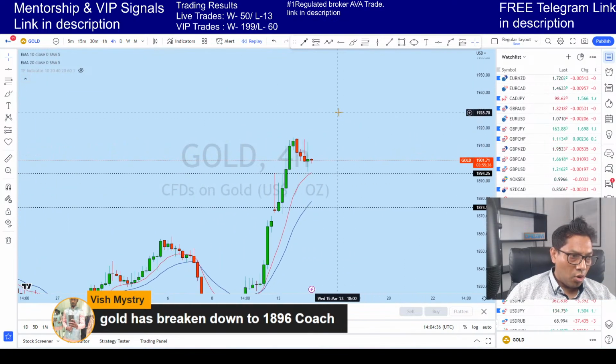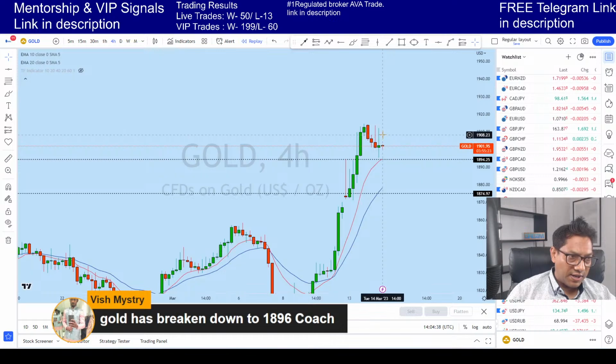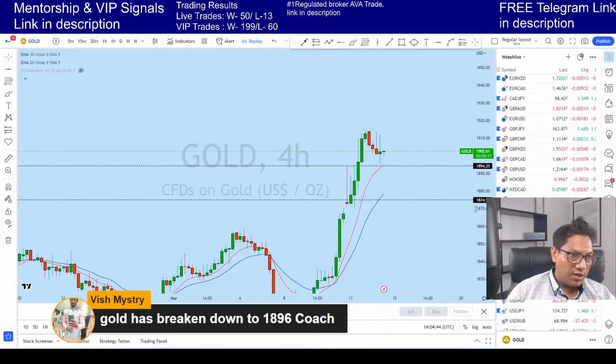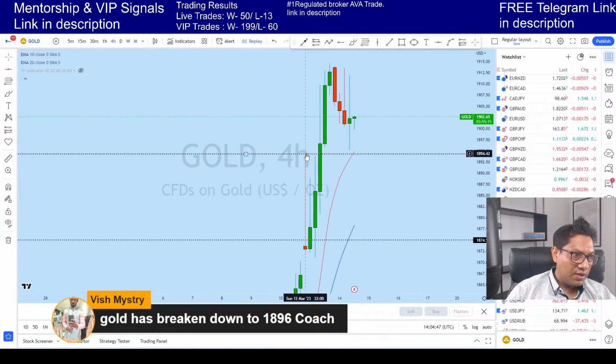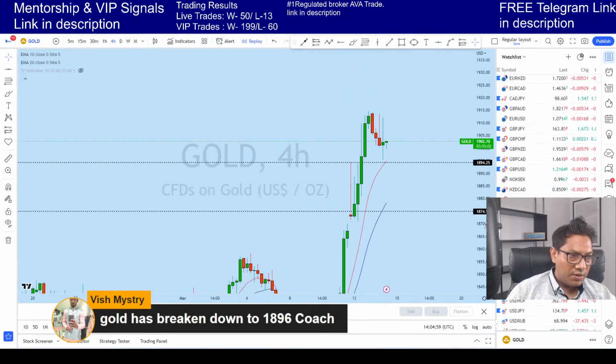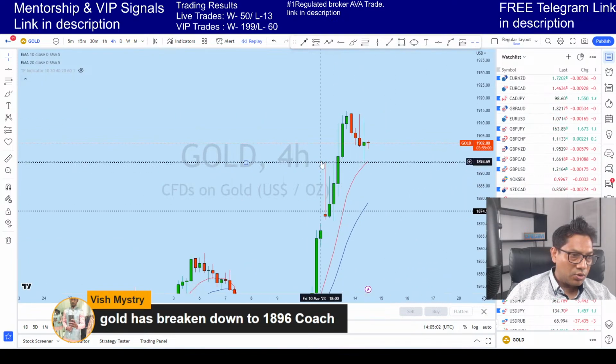Or after testing this high, we could see a further drop for liquidity. The best thing we have is the price already has come to this level. You see this top of this doji is the resistance 1893 or 94, and the price still didn't come here, but this level highly likely could be respected, this resistance turning support.